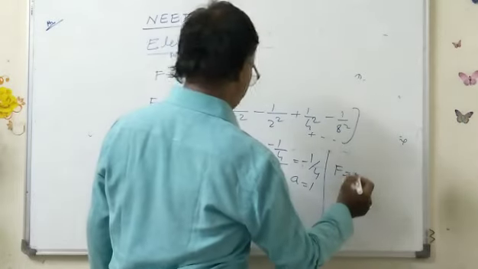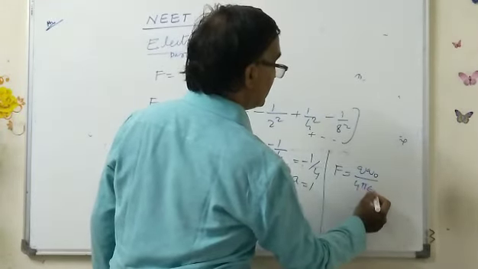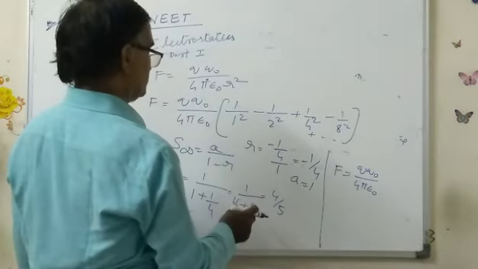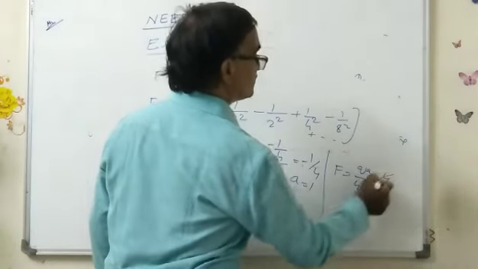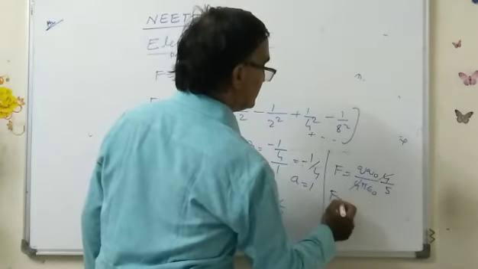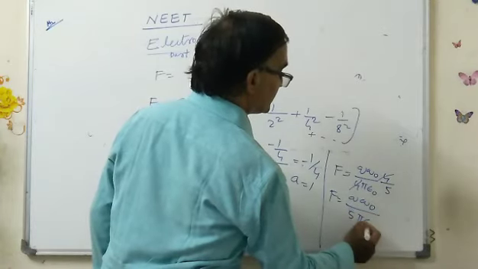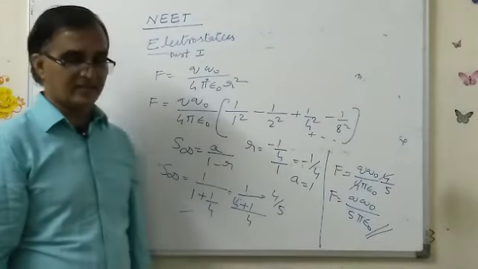F is equal to q naught q by 4 pi epsilon naught, here S infinity is equal to 4 by 5. This 4 gets cancelled. F is equal to q naught q by 5 pi epsilon naught is the answer. Okay. This is another model we have.